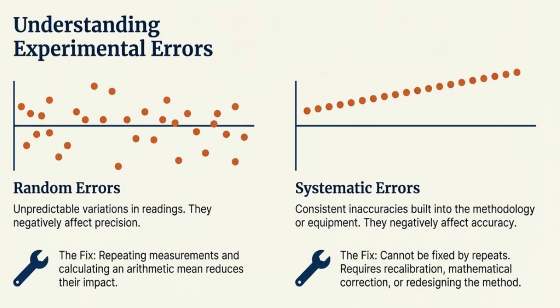On the other hand, systematic errors are consistent biases built into the method or the equipment, leading to inaccurate results. These errors aren't fixed simply by repeating measurements. Fixing them usually means recalibrating equipment, applying mathematical corrections, or even changing the experimental method itself. Understanding these differences helps us improve both the reliability and accuracy of our experiments.